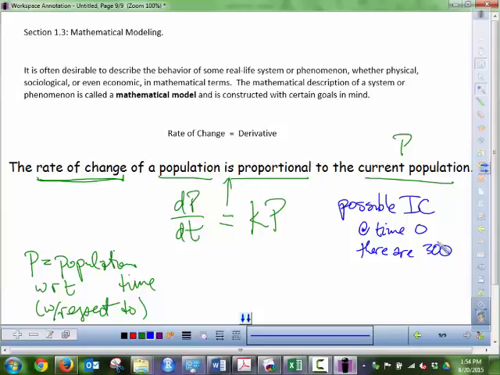So giving this piece of information would allow us to solve for the unknown constant. So without this, the solution for this differential equation would be a family of curves, a family of functions, but with an initial condition, we would be able to solve for that arbitrary constant, and then call it a particular solution.